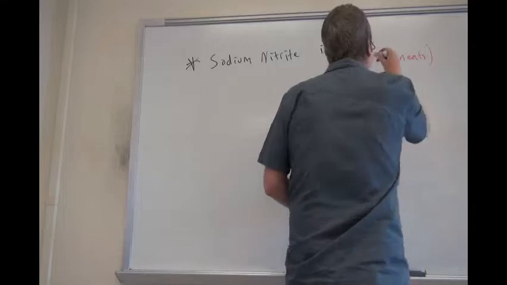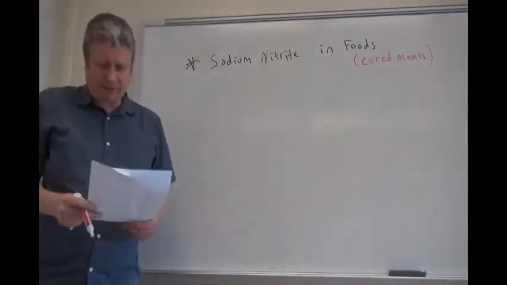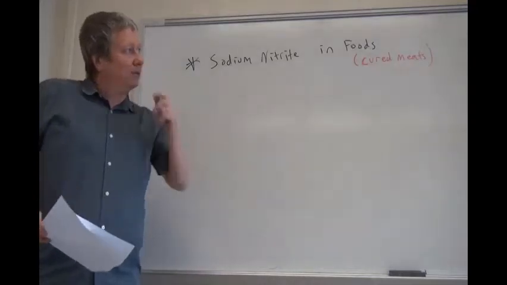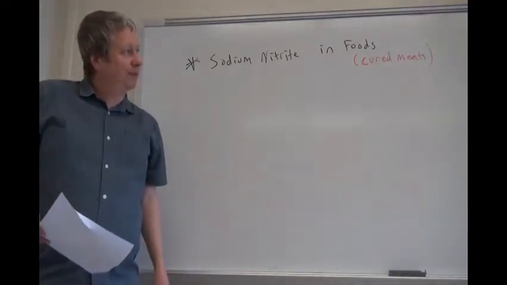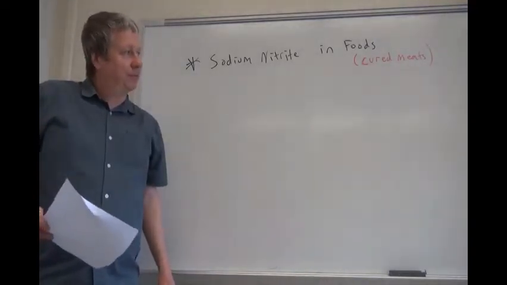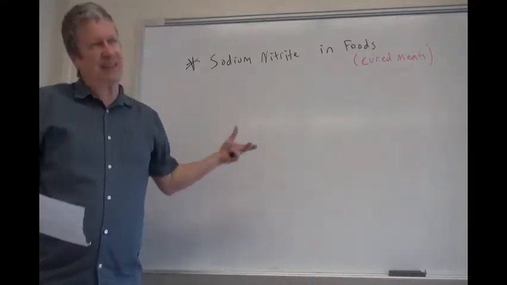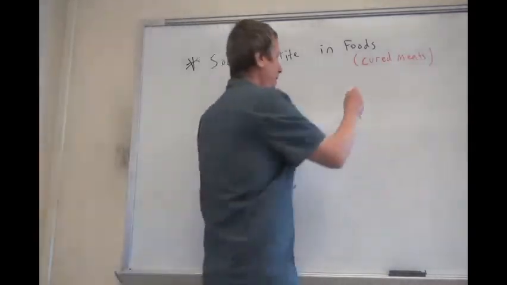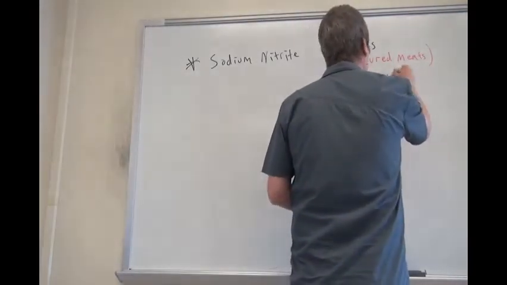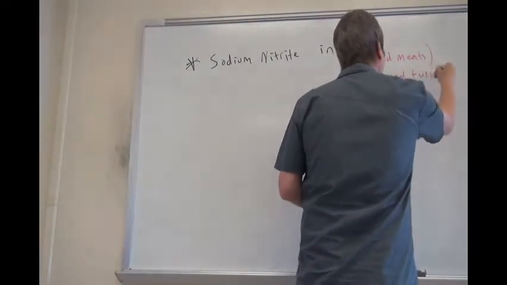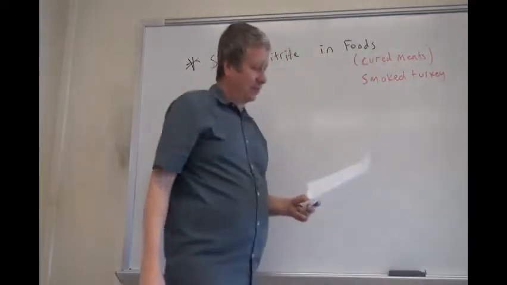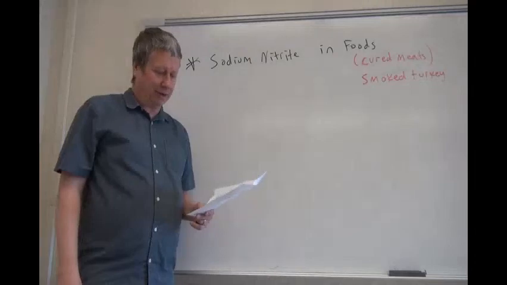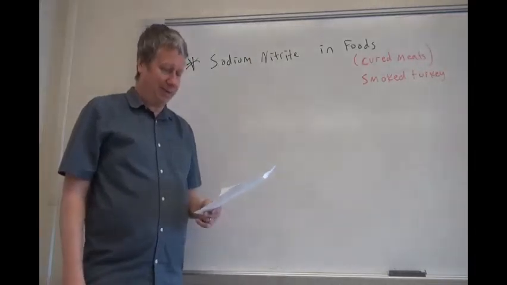Cured meats are almost like a preservative, like pepper roasted turkey breast, or things like that. If you eat meat, smoked turkey, things like that. And a lot of it's used as a preservative in deli meat type things.